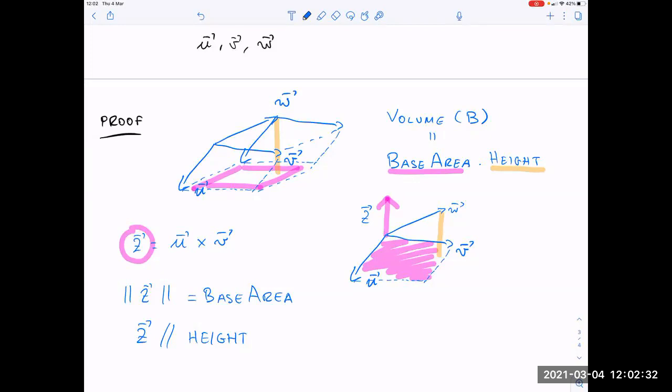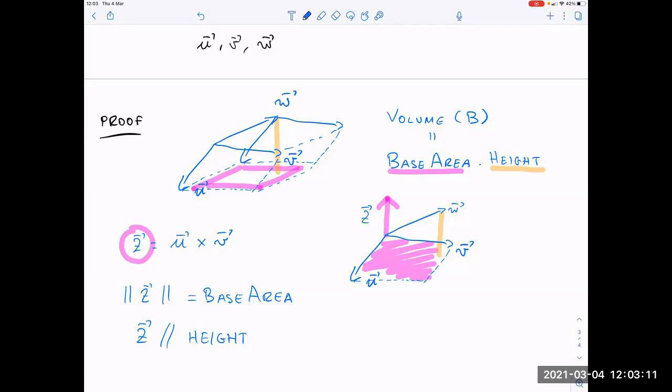What would you do from W to produce the orange part, knowing that the orange part has the same direction of Z? Well, Z is not the right magnitude. Z is as long as the base area. That's not the height.